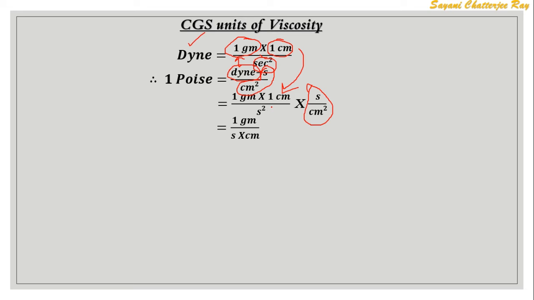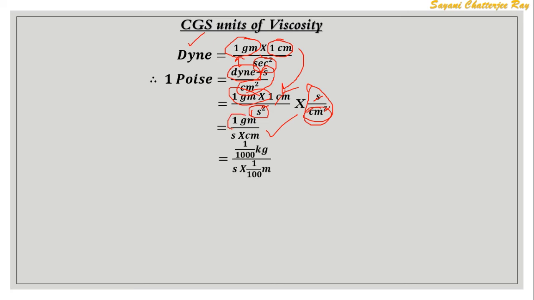Here you can see second will get cancelled, centimeter square will get cancelled, and remaining is 1 gram by second into centimeter. So I have rewritten the equation as 1 poise equals 1 gram by second into centimeter.